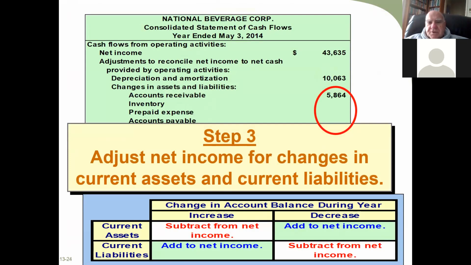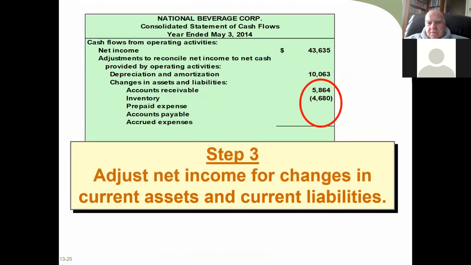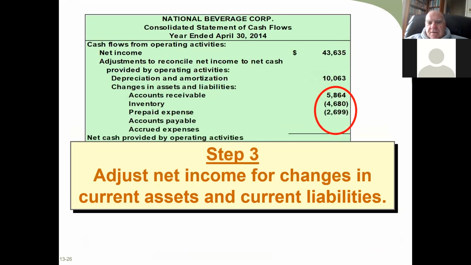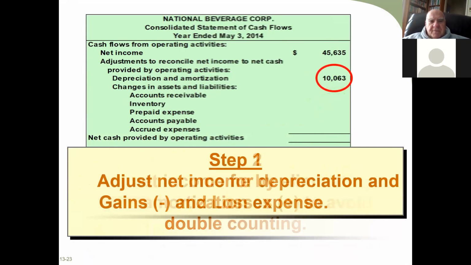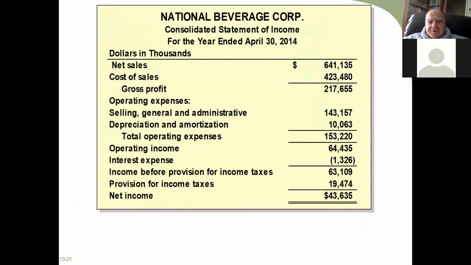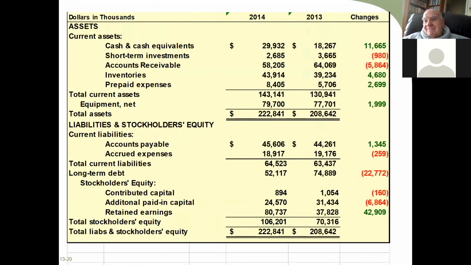Inventory and prepaids went up. They are negative cash flows. Now we have to do the same thing with our current liabilities, but it's a little bit easier because you don't have to worry about the opposite sign control, plus minus, because with payables, if accounts payable goes up, that is a positive cash flow.